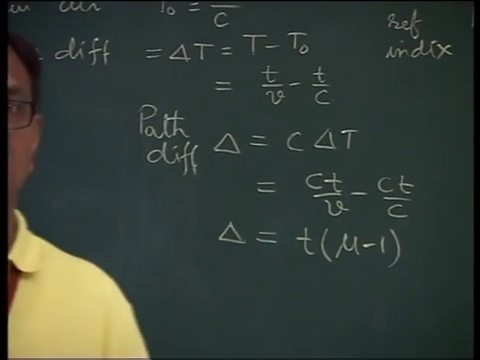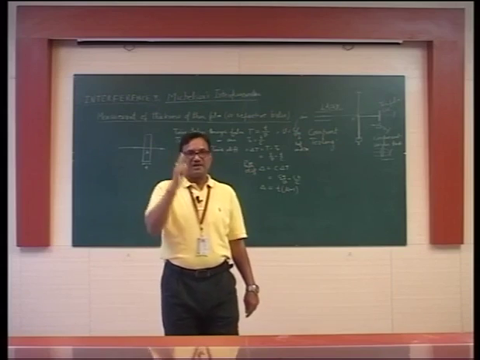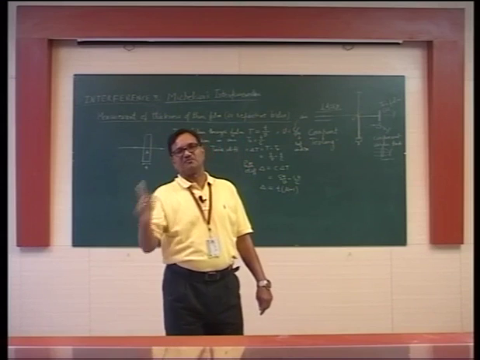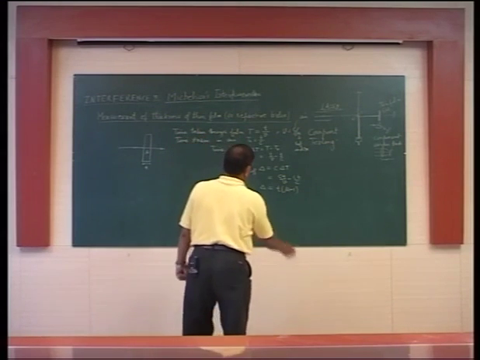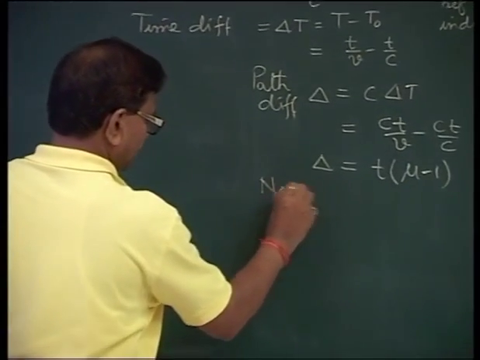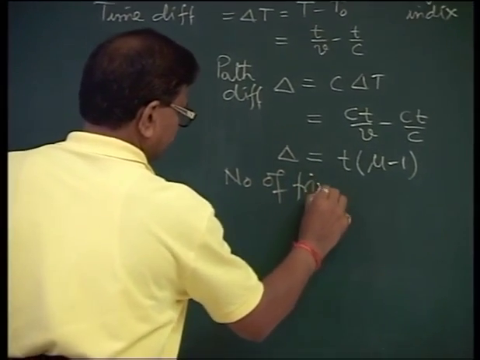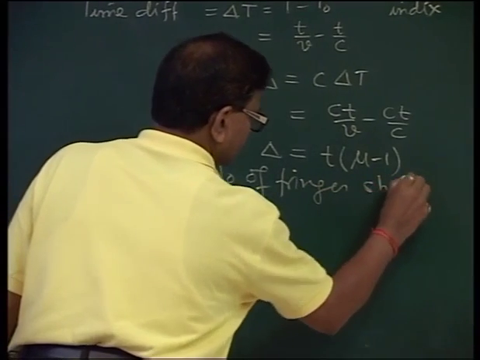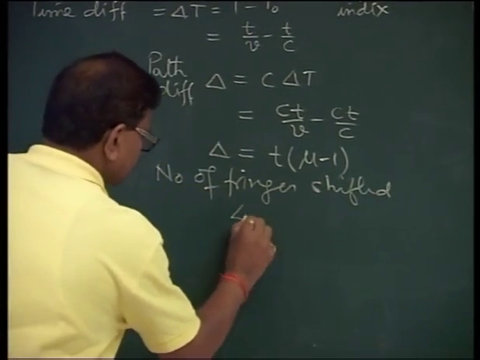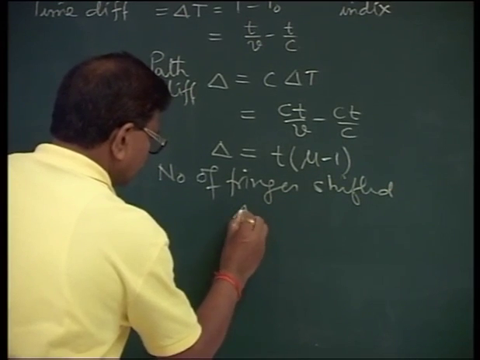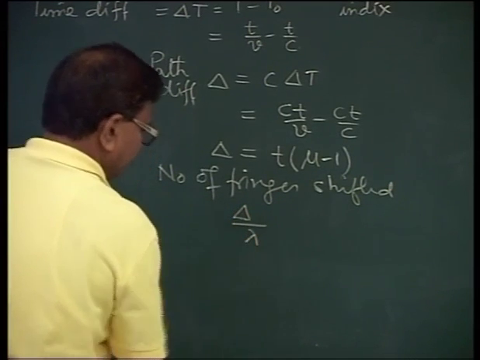Since a path difference of lambda shifts the fringe by 1, the number of fringes shifted will be the path difference divided by lambda.